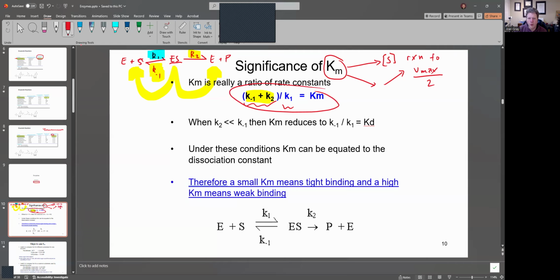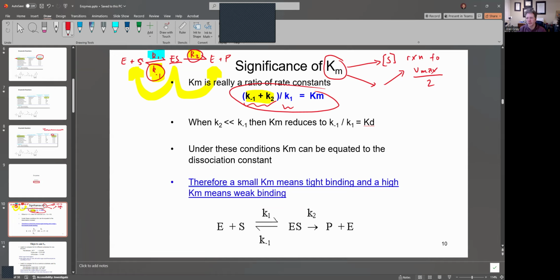Now, when our K sub 2, this one right here, is considerably less than our K sub 1, Km is going to be reduced to K sub minus 1 over K sub 1, which is effectively our KD. Now, this can be equated to a dissociation constant.